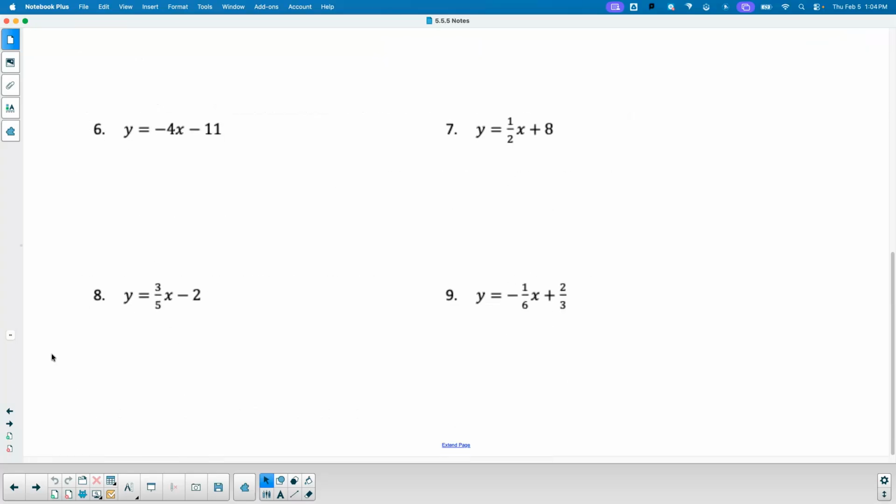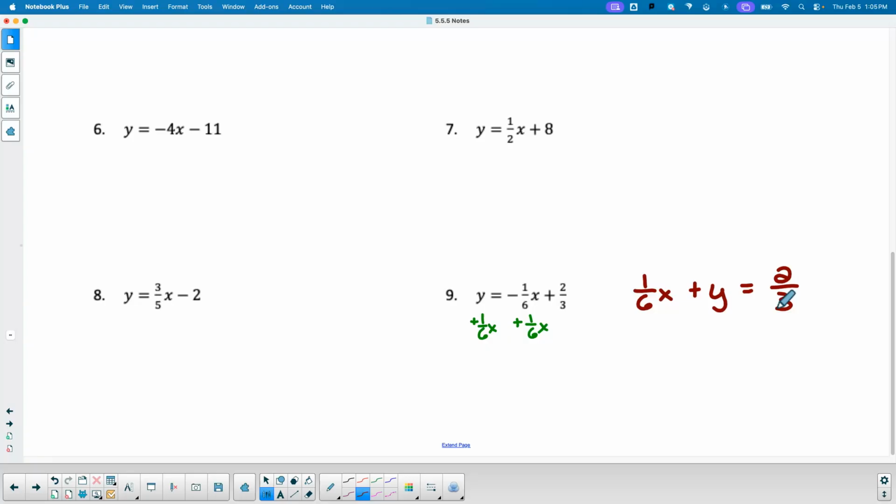So number 9 here says the first thing that we would do, we've got to get it in standard form. It's in slope-intercept form. We've got to get x and y on the same side first. So right away, I would add 1/6 x. Now that's going to give me that, which on a test or a quiz I would accept.